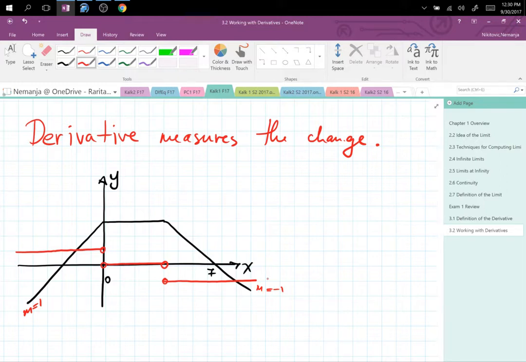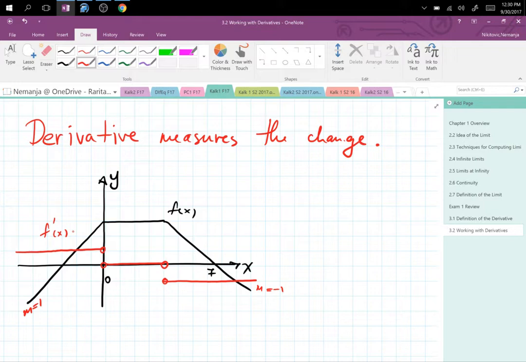So now you consider the function f of x in black and f prime of x, the derivative. Oh, you can see so many cool things here.